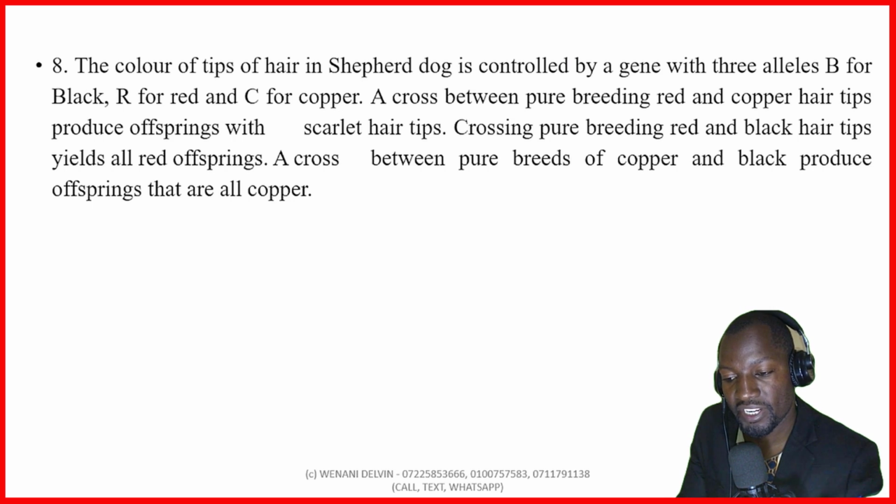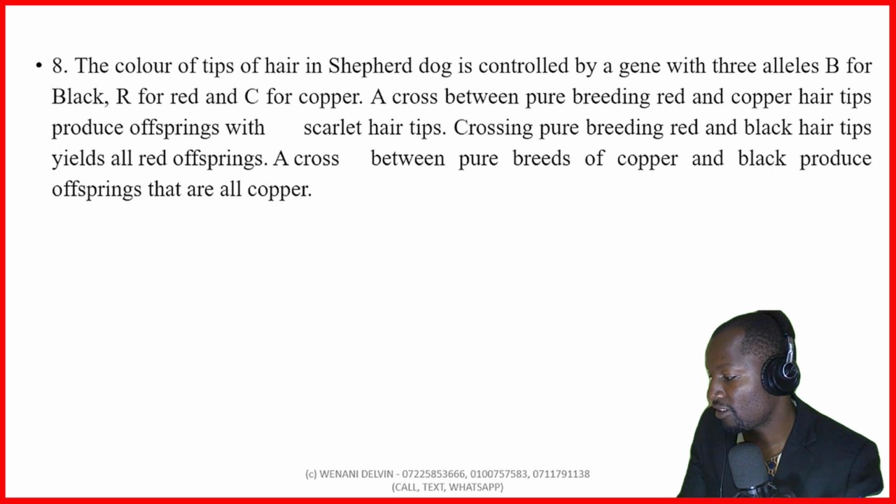Crossing pure breeding red and black hair tips yields all red offspring. A cross between pure breeds of copper and black produced offspring that are all copper.